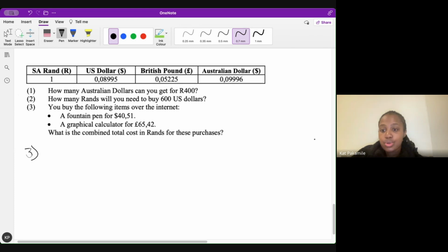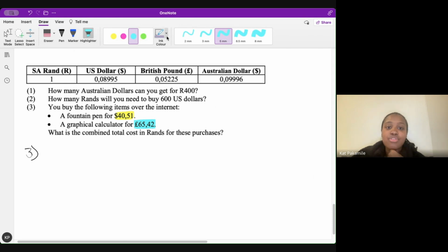So you buy a fountain pen for $40,51 and a graphical calculator for 65,42 British pounds. What is the combined total cost in rands for these purchases?